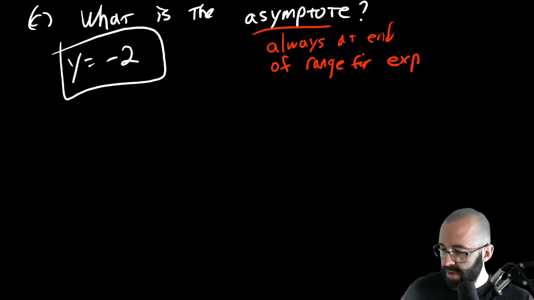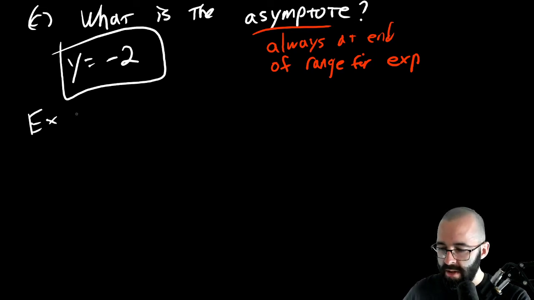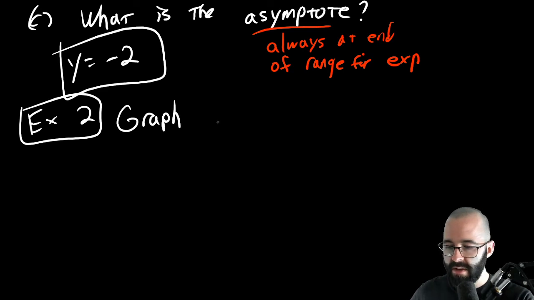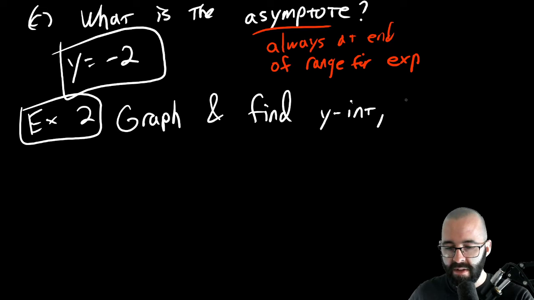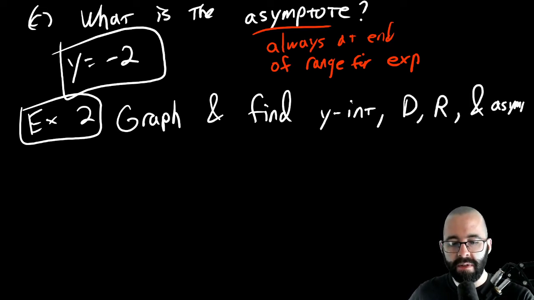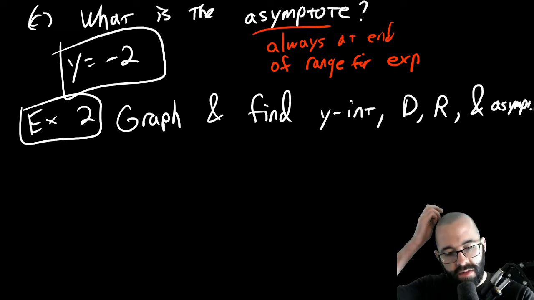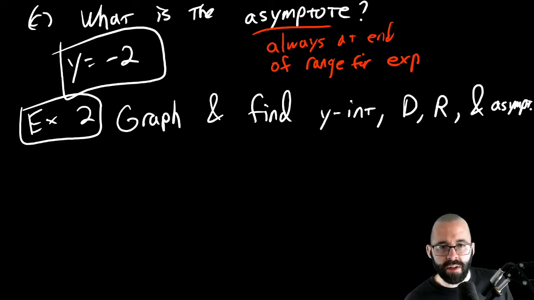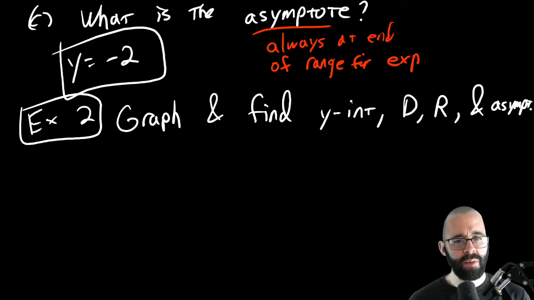All right, let's do one more example. Example 2. Graph and do the same thing. Find the y-intercept, the domain, the range, and the asymptote. So I'm going to do a little hybrid, similar to what we've done a little bit before.